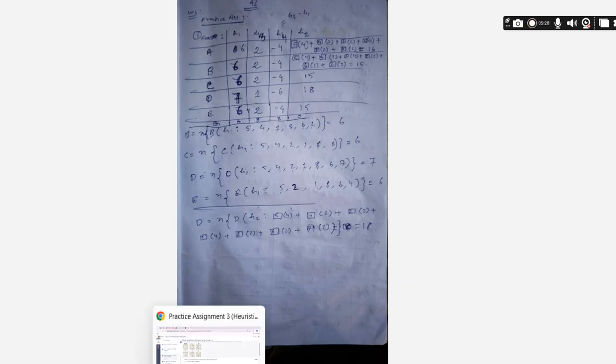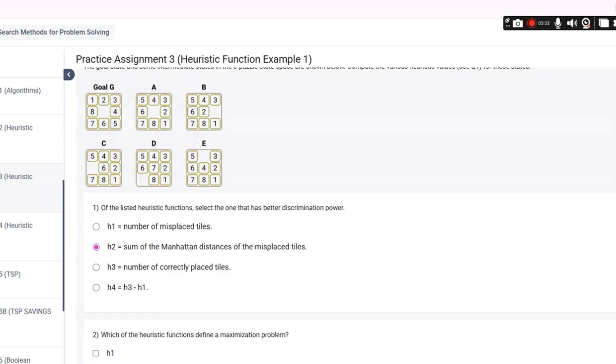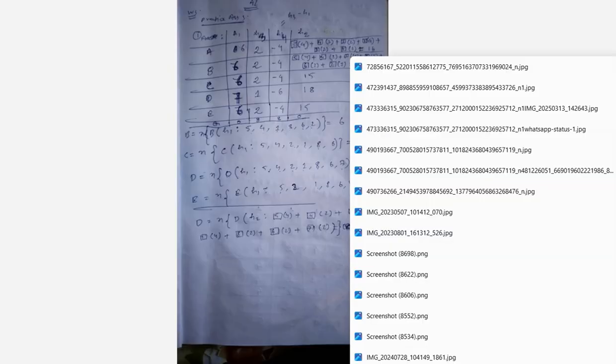And H2, the heuristic function, is the sum of Manhattan distance of the misplaced tiles. So what is the sum of Manhattan distance of the misplaced tiles? For A we already got that there are 6 misplaced tiles. For each misplaced tile, we need to calculate the Manhattan distance. So how to do this?